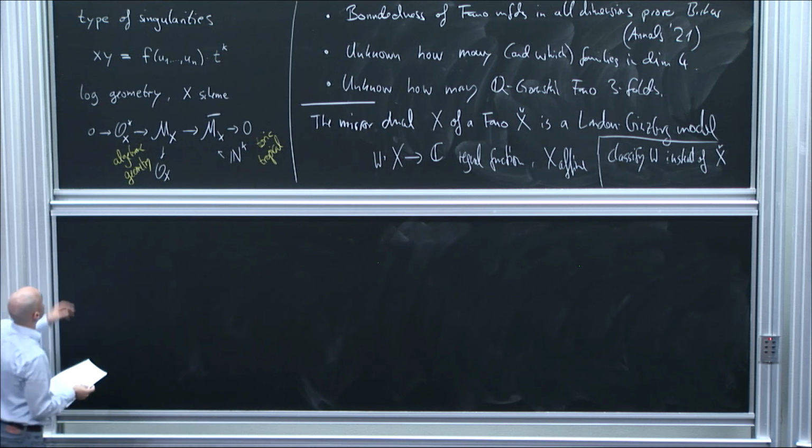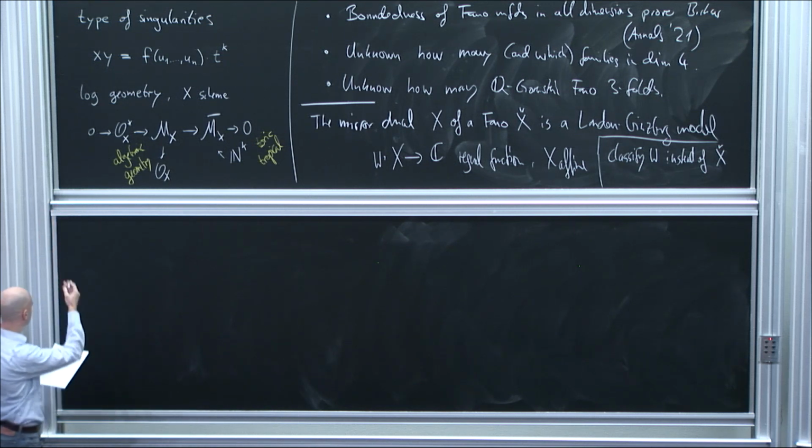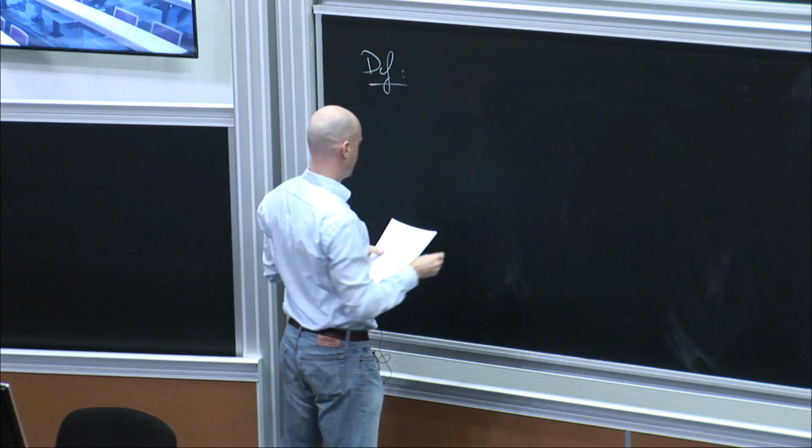And for that purpose, I need to look a bit more into what that singularity really is. What is the definition for the general sort of thing of that? And let me do that. Definition.